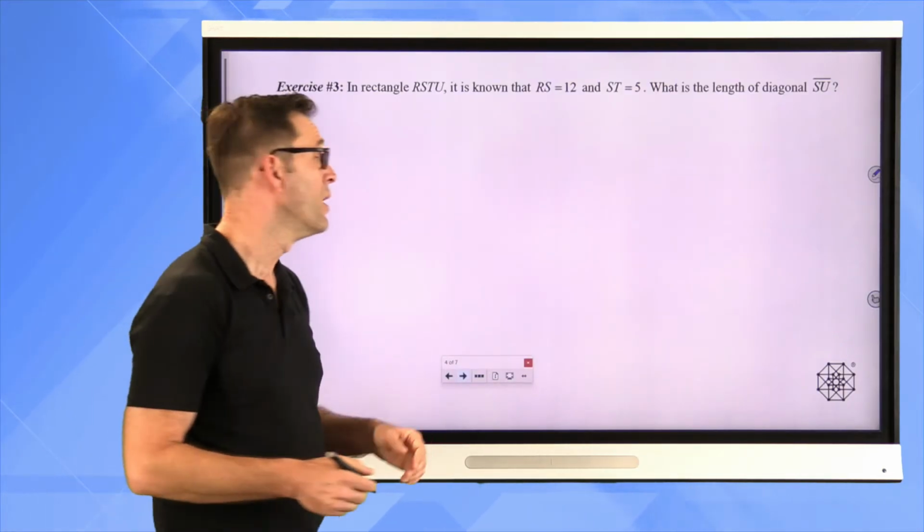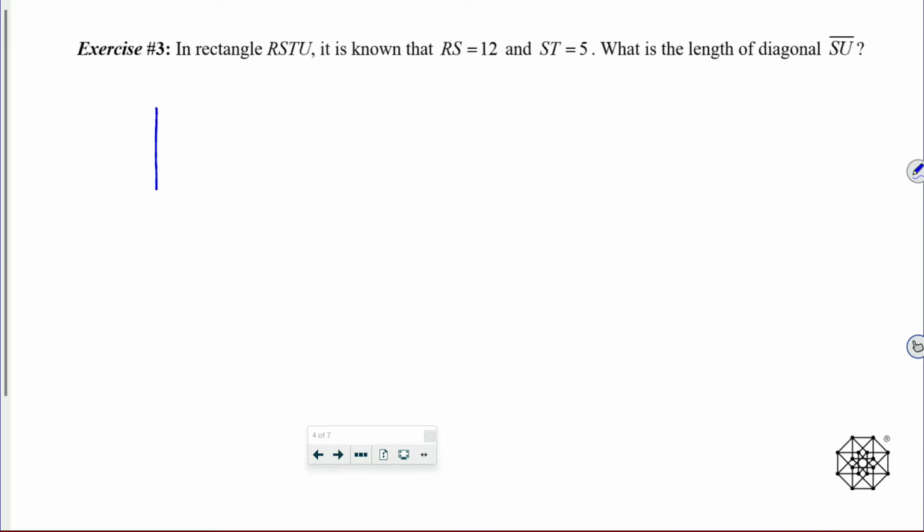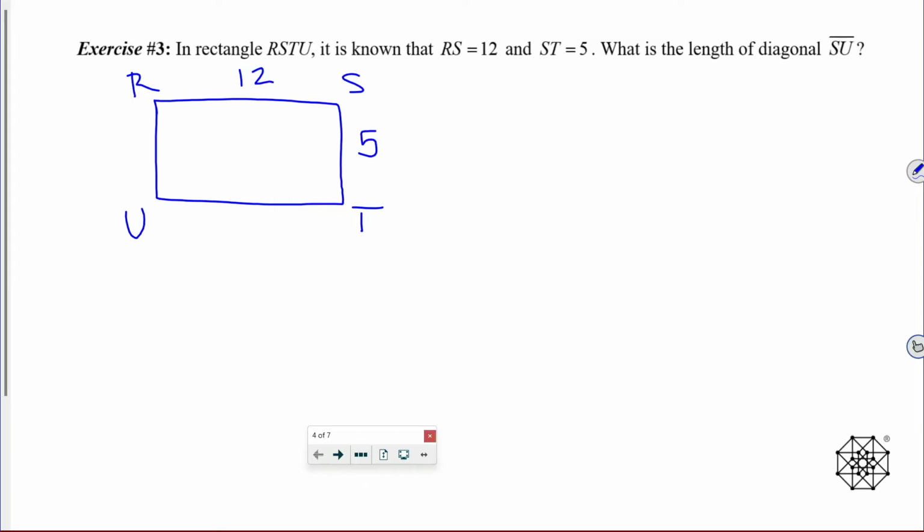All right, well, let's do it. Really great to have good pictures. This should be pretty easy. Here we go. RSTU, right? We know that RS is 12, ST is 5. Because this is a parallelogram as well as a rectangle, we can also say that's 5 and this is 12. We want to know the length of diagonal SU. So I draw that in. I put in my right angle like that.